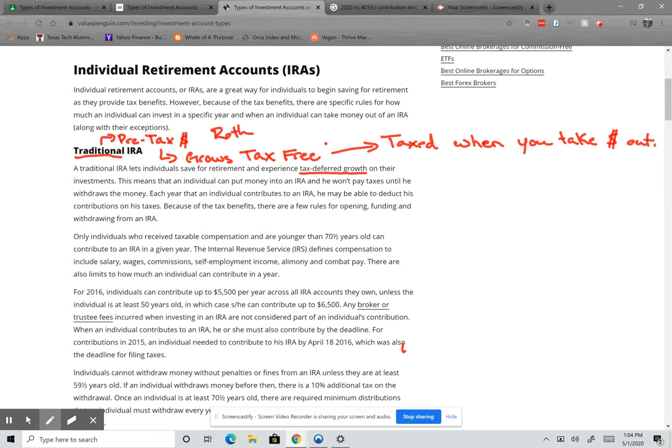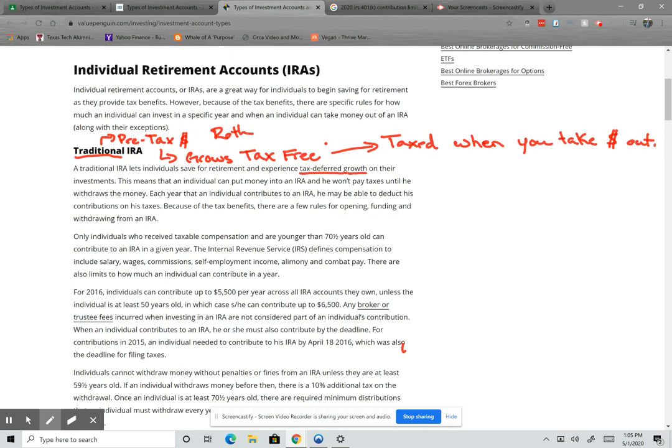So you take $10,000 out, you're in retirement, you take $10,000 out of this account, you have to pay taxes on that $10,000. Okay, but you didn't have to pay taxes on it or you actually got a tax deduction for it when you put the money in, and then it grew tax-free. So you still come out ahead. Okay, it's still a benefit to you.